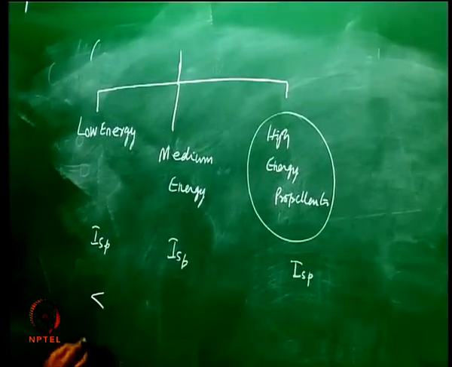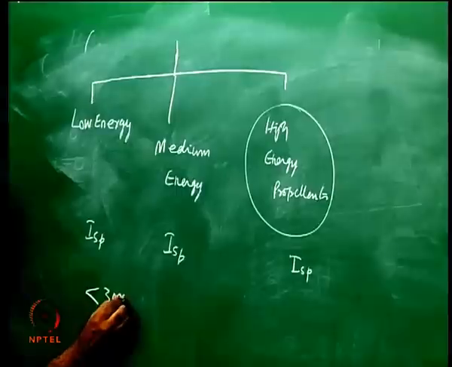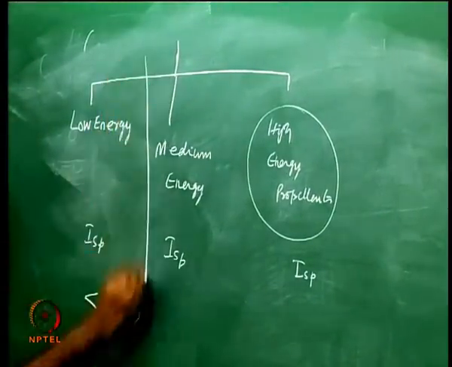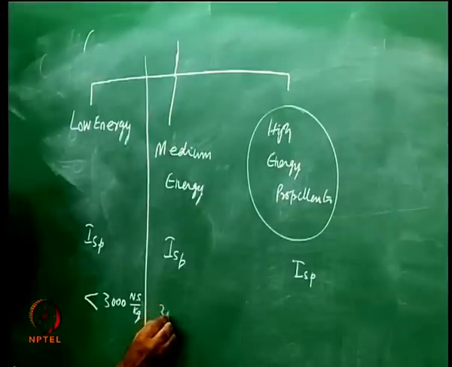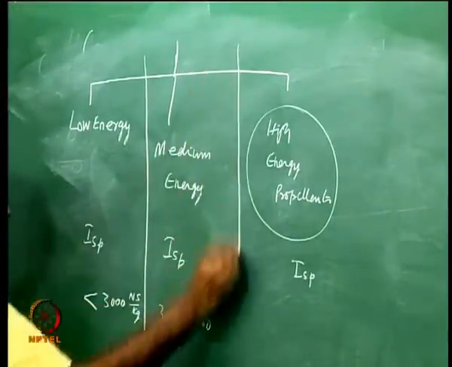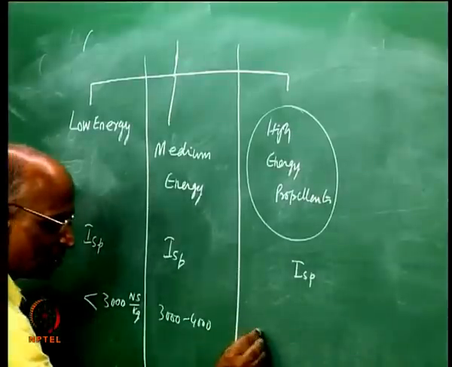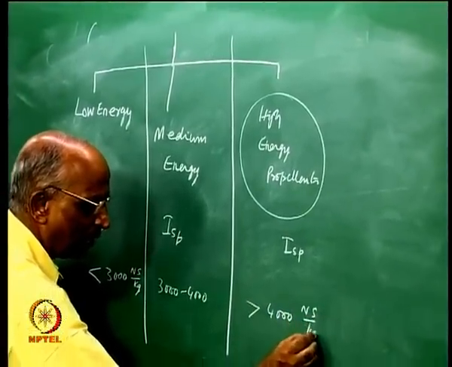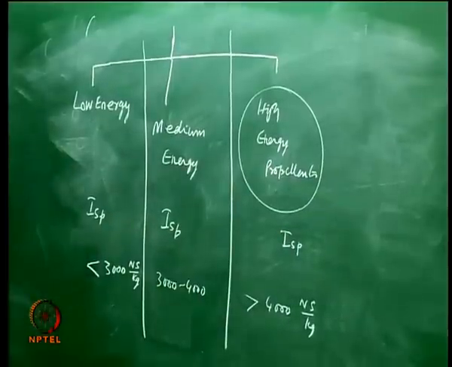Propellants which have sea level ISP less than 3000 Newton second per kilogram are known as low energy propellants, those between 3000 to 4000 are known as medium energy propellants, and those in excess of 4000 Newton second per kilogram are known as high energy propellants.